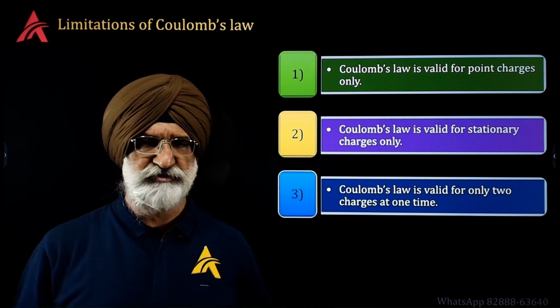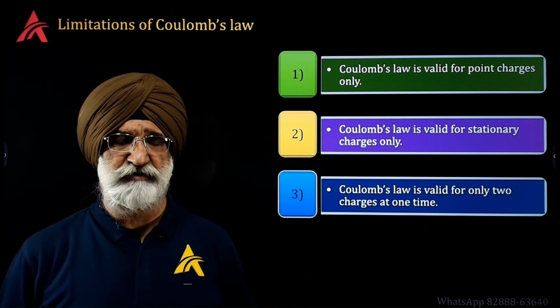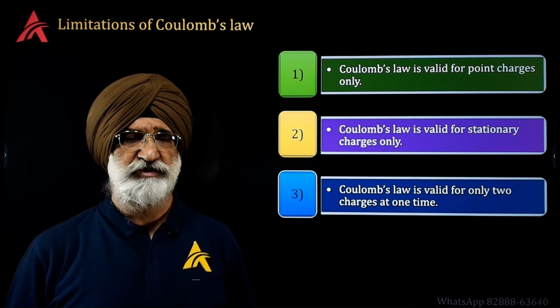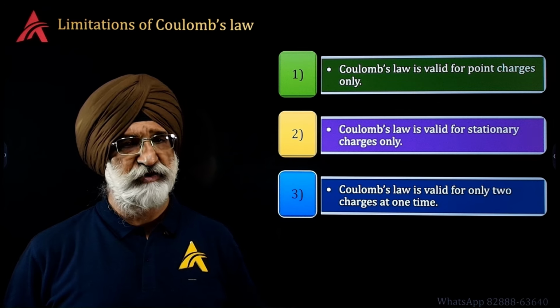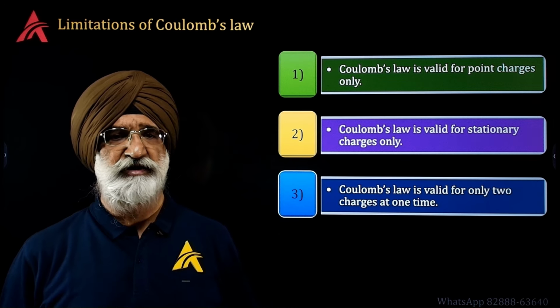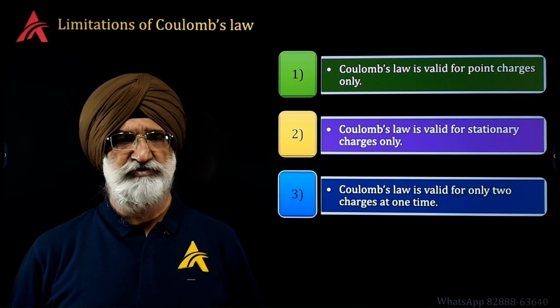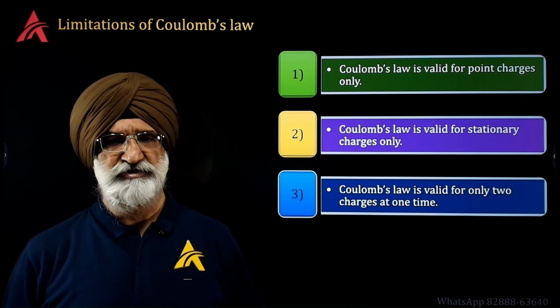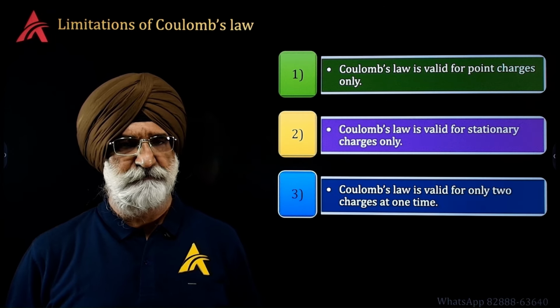If you have a system in which we have more than two charges, maybe 3, 4, 5, in such cases the total force acting on a given charge can be calculated by using one more additional tool, vectors. Without using vectors, such situations cannot be tackled by using Coulomb's law straight away.